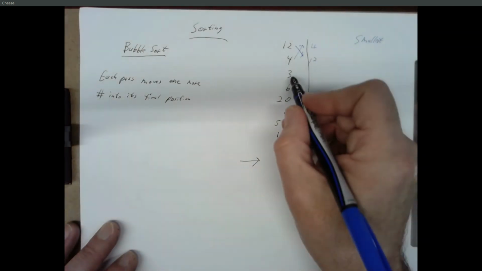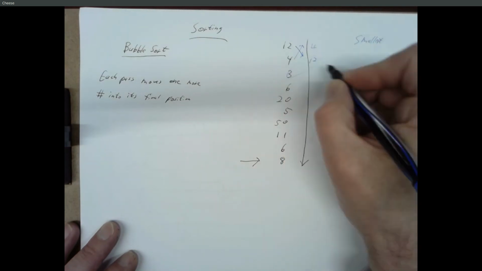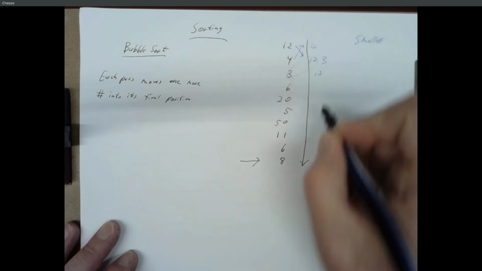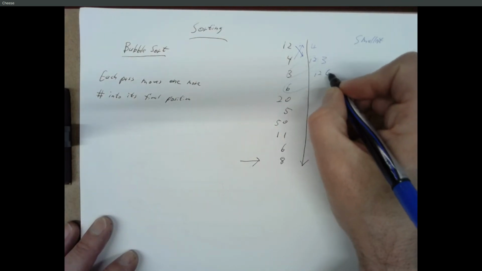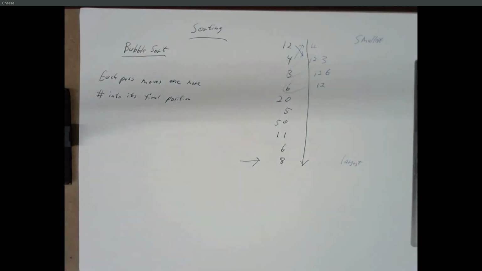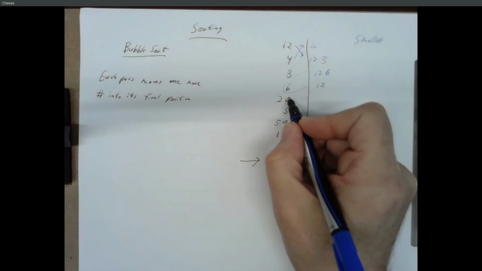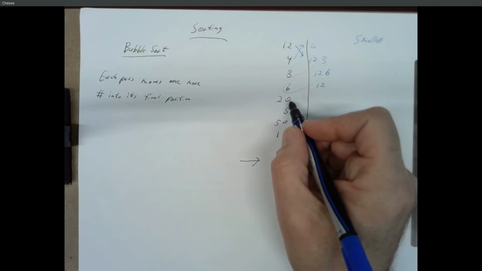Then compare the 12 to the number after it, and that's in the wrong order. So swap those. So this becomes a 3 and a 12. And 12 and 6 are in the wrong order, so swap those. So this becomes a 6 and a 12. And the 12, which was the heaviest thing so far, is working its way towards the bottom. When we get to the 20, it's bigger than the 12, so we don't swap. We want the 20 to come after the 12.